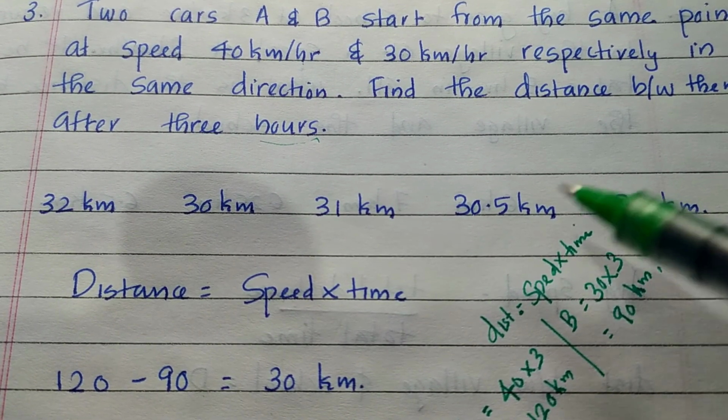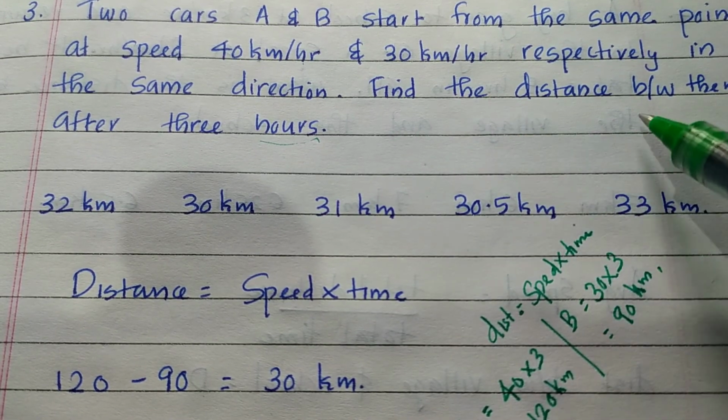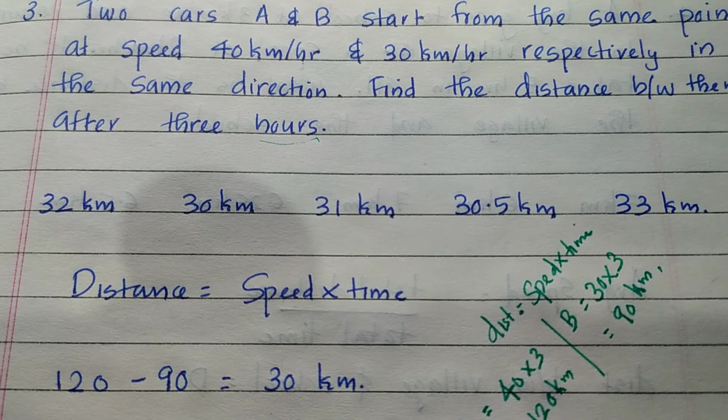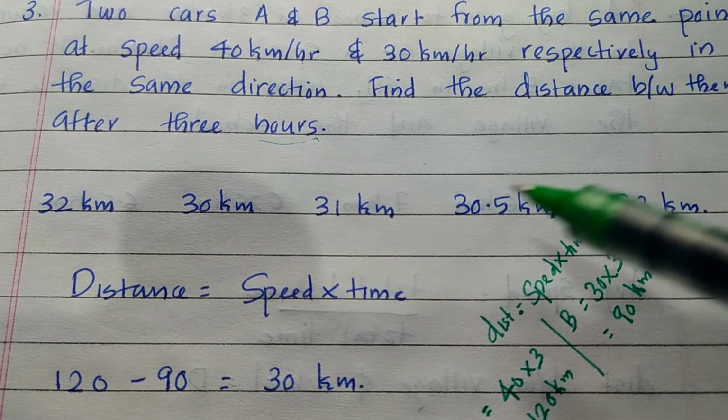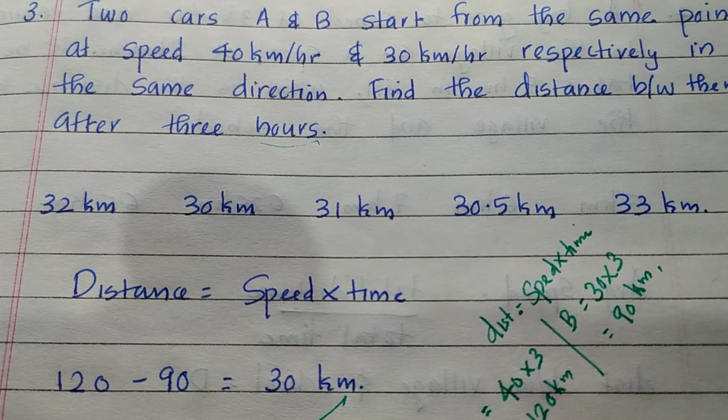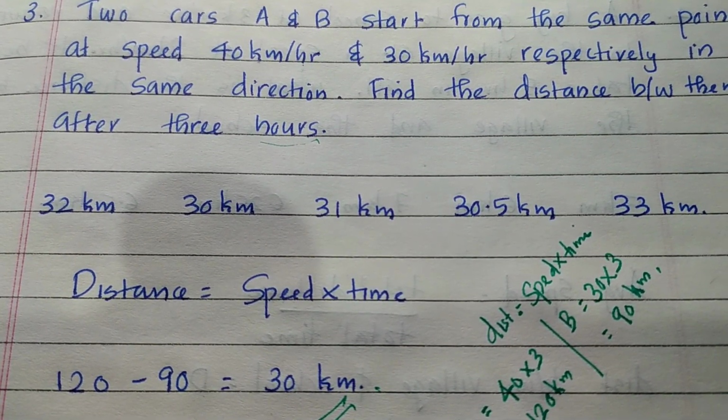So what is the question? Find the distance between them after 3 hours. Car A covers 120 kilometers in 3 hours. Car B covers 90 kilometers in 3 hours. So the distance between them will be 120 minus 90, which is equal to 30 kilometers. So that will be the answer.